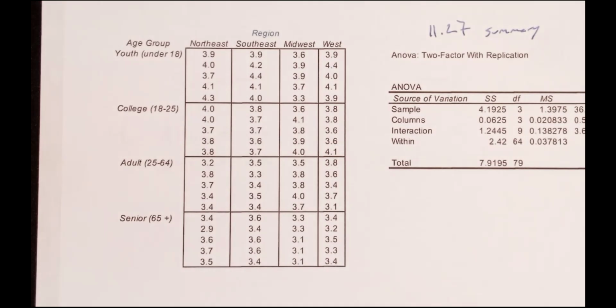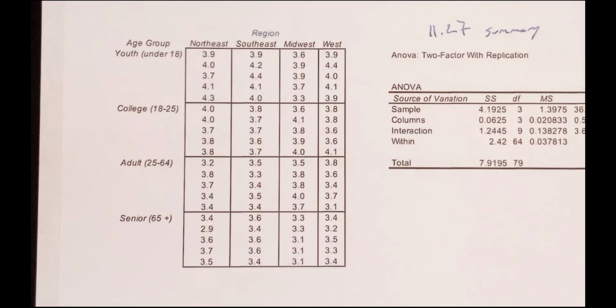So I could take the one oddball, which we thought was here, adult Midwest, and I could take that sum and that average and run a t-test against this set of data for youth, against this set of data for college.